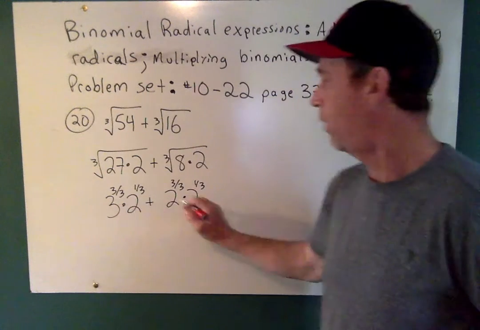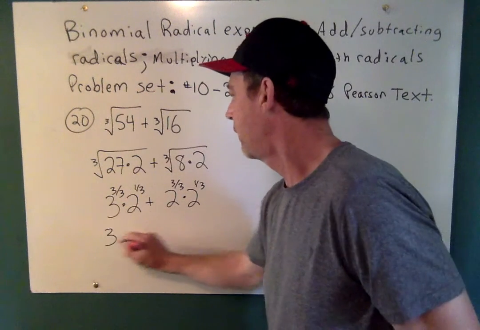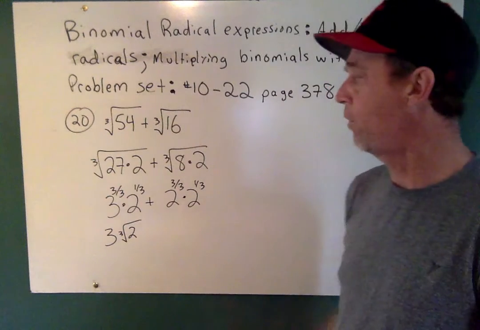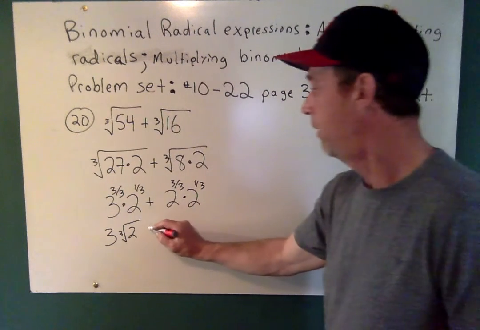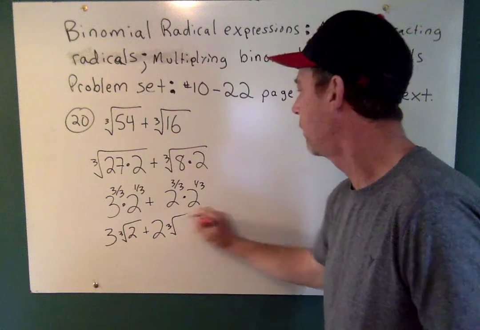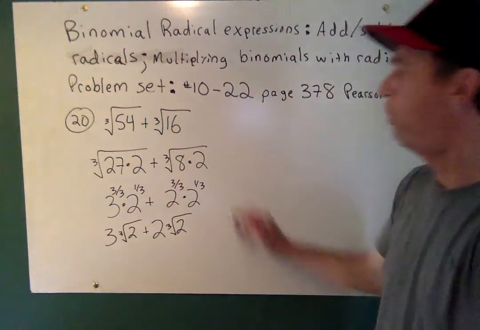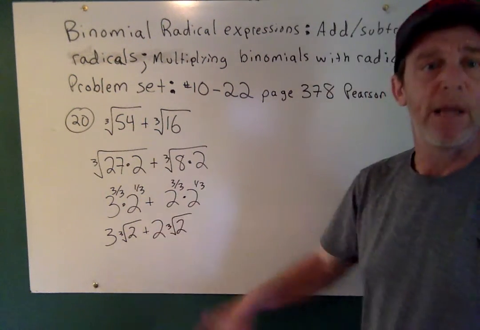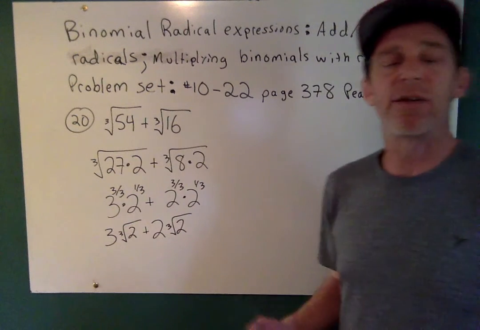So the integer ones would be 3 times the third root of 2, I'm putting it back in radical form, as there's nothing more I can do with it, plus 2 times the third root of 2. You can put this back in radical form here, or you can actually leave it 2 to the 1/3 and put it back in radical form last. It doesn't matter at this point.